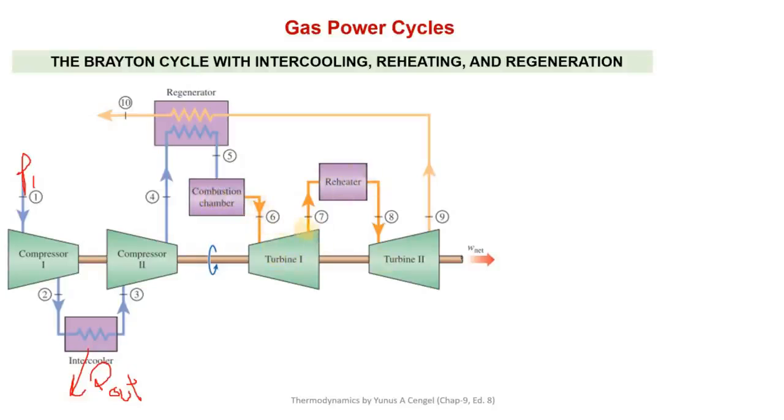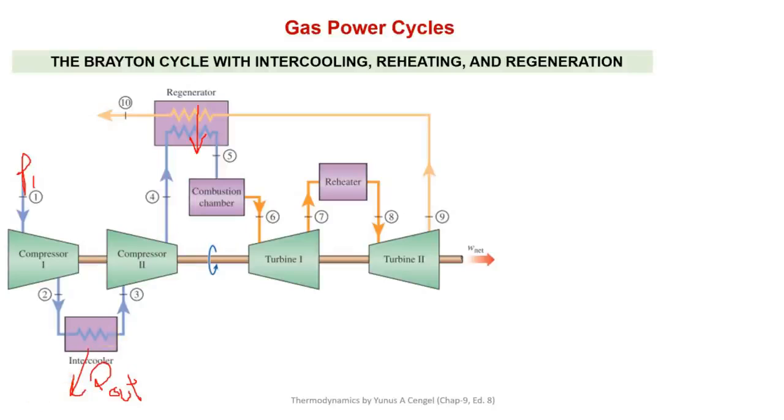So it expands partially in turbine 1, then it is reheated where volume is increased, and then again it expands in the second turbine, and then it leaves as exhaust gases. But before it leaves into the ambient, its heat is reused in the regenerator to preheat this fluid which is entering into the combustion chamber.